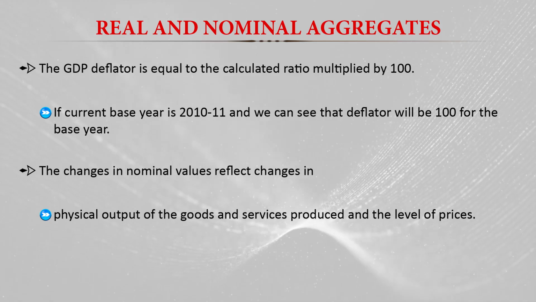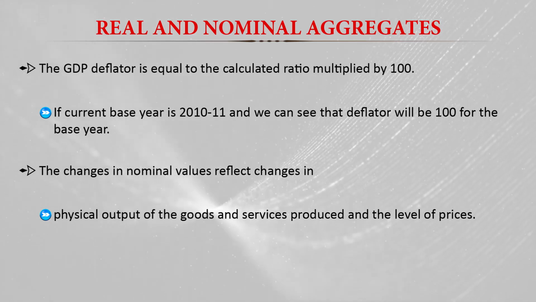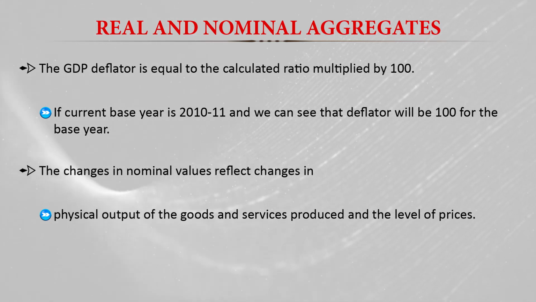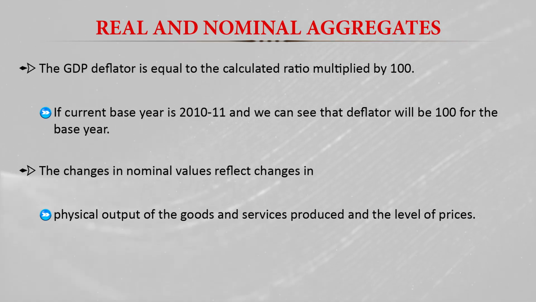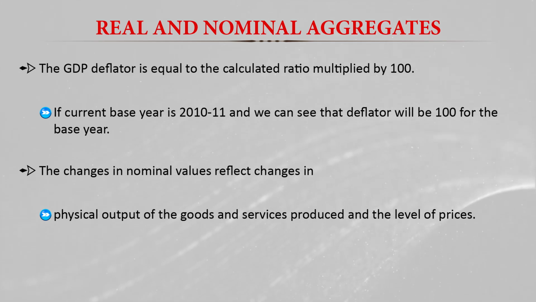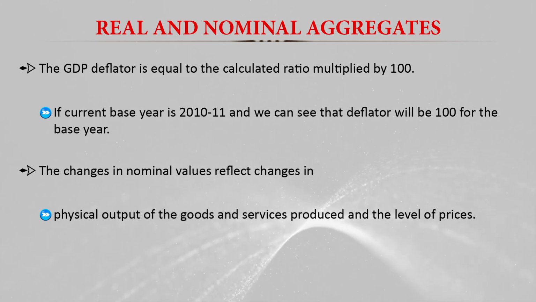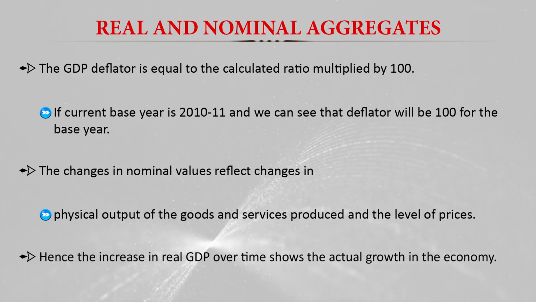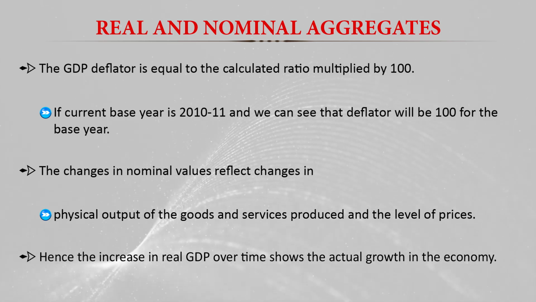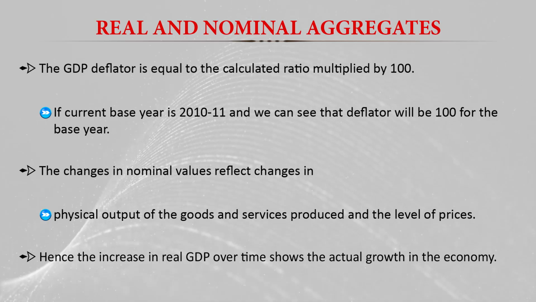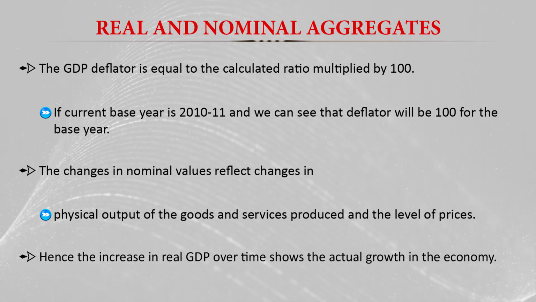So there are two components when we talk about the nominal value of the aggregates: one, the physical output; another, the effect of the change in the price level. Hence the increase in the real GDP over time shows the actual growth of the economy. So that's why we calculate the real aggregates. And there are different uses of the aggregate measures.